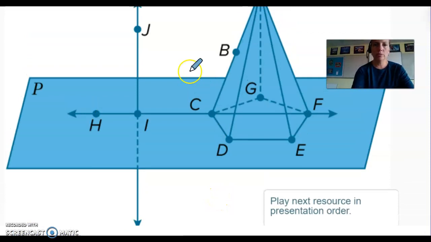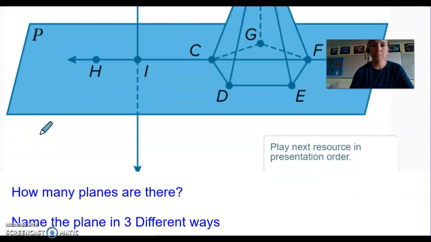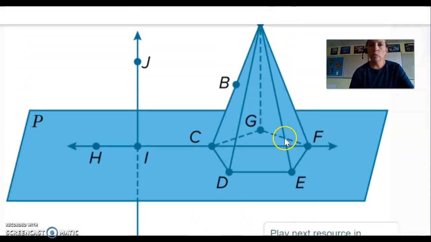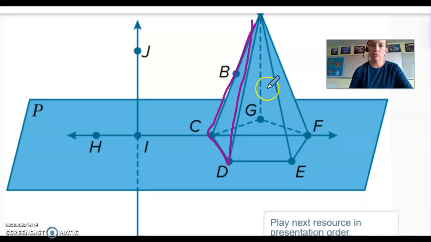Well, you do have the plane P, that big one there. Some of you maybe only said 1. So yes, we have plane P, but then right here on this side, it kind of looks like a triangle. I could say that that was also a plane, and we would just have to imagine that it extends forever in all directions.